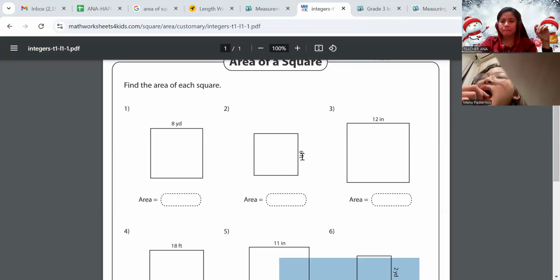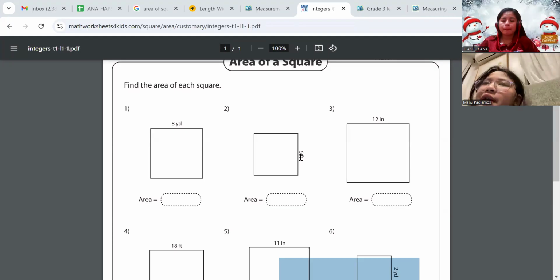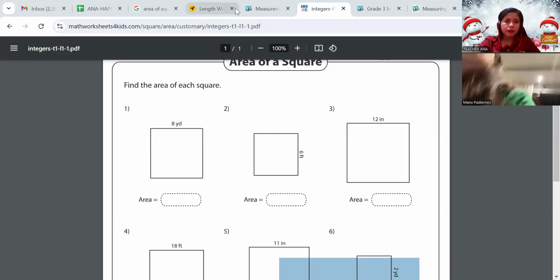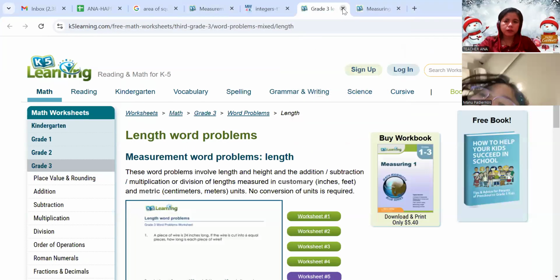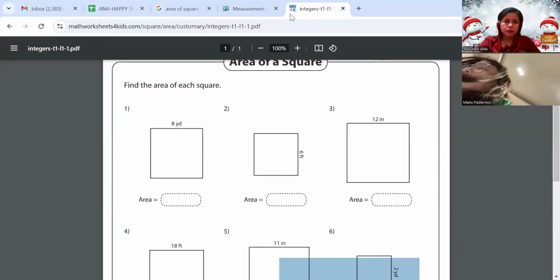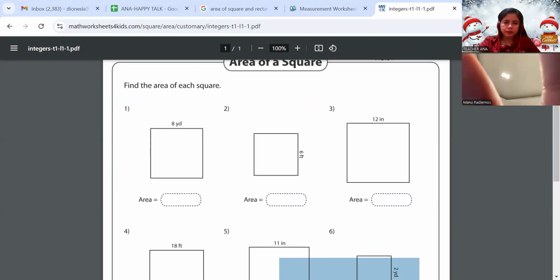Can you see it? Wait, there is something on my screen. Okay, let's go on. It says the meeting is being recorded. Okay. Can you see it?